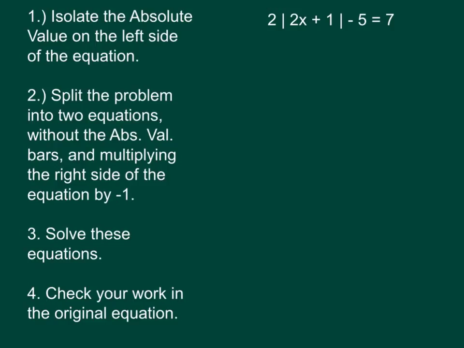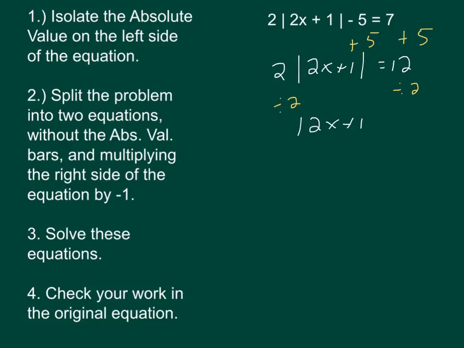So in order to do that, I'm just going to add 5 to each side, just like I'm solving a regular equation, which is going to give me 2 absolute value 2x plus 1 equals 12. And then the 2 right outside the absolute value means multiplying, so I'm going to divide each side by 2. And that leaves me with the absolute value of 2x plus 1 equals 6.